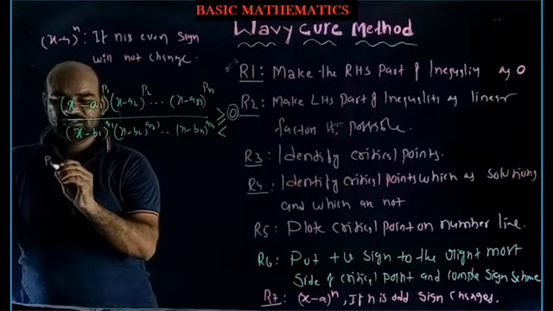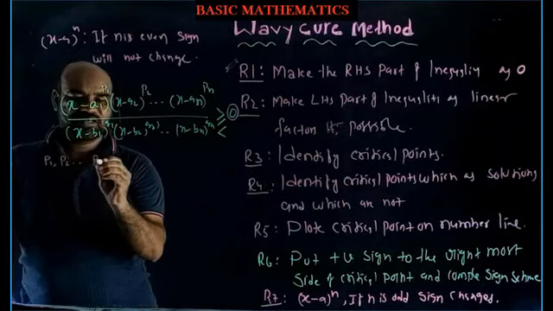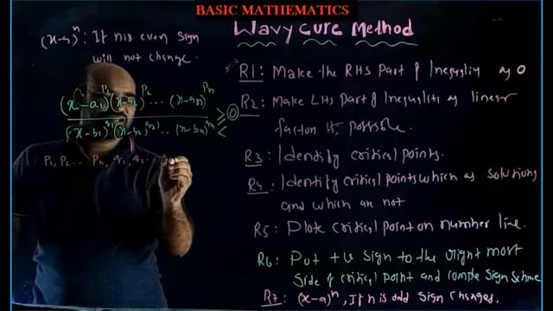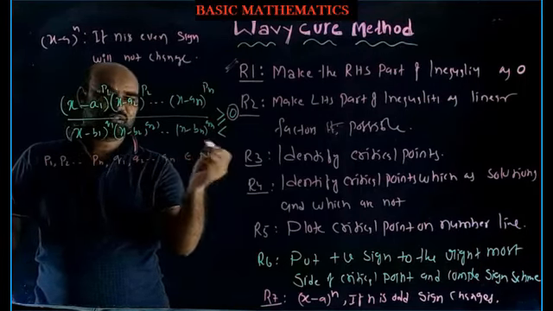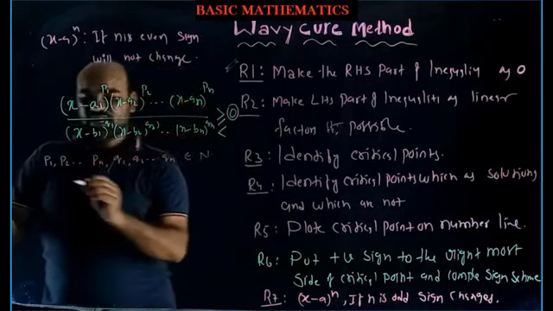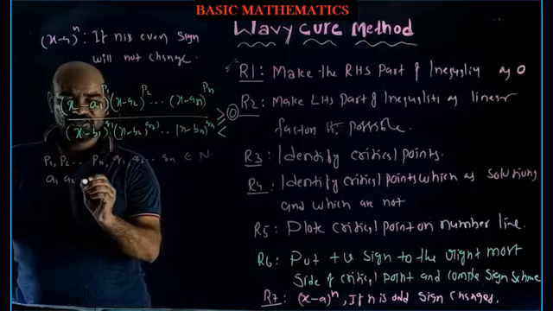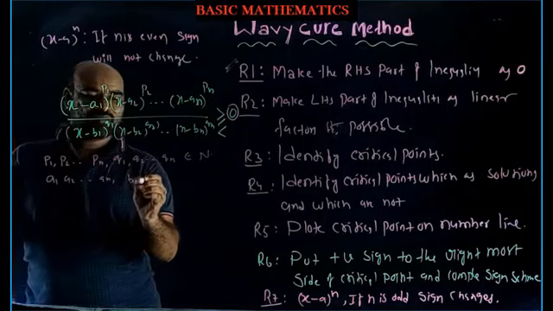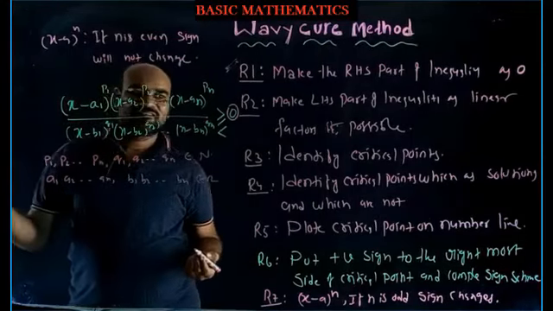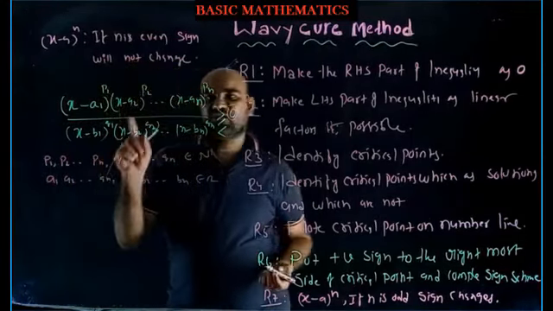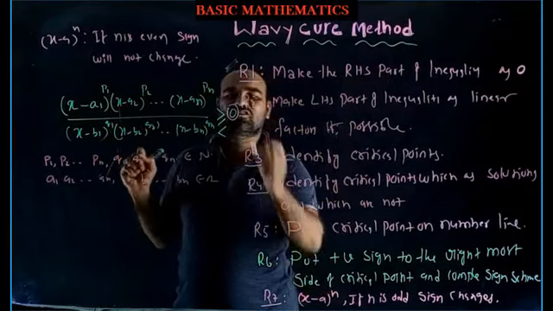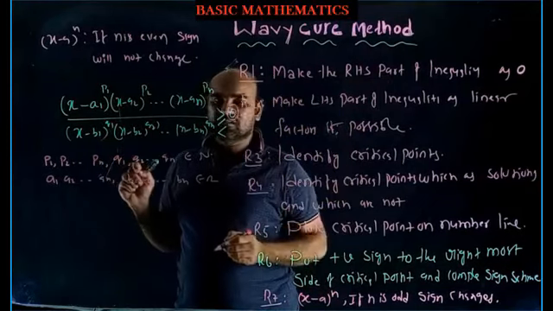Here p1, p2, and so on pn, q1, q2, and so on qn are natural numbers, and a1, a2, and so on an, b1, b2, and so on bn are real numbers. Now this is in standard form. Rule 1, make the RHS part of the inequality 0. The RHS part is 0 only.